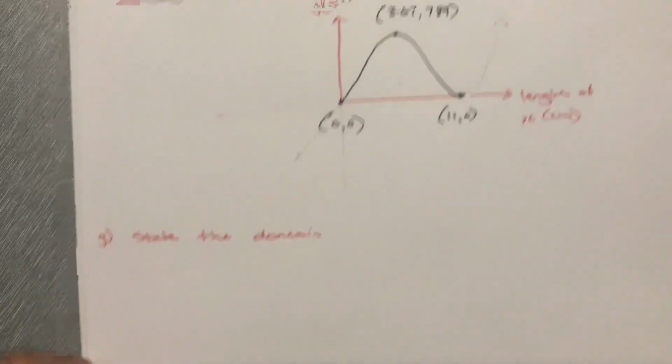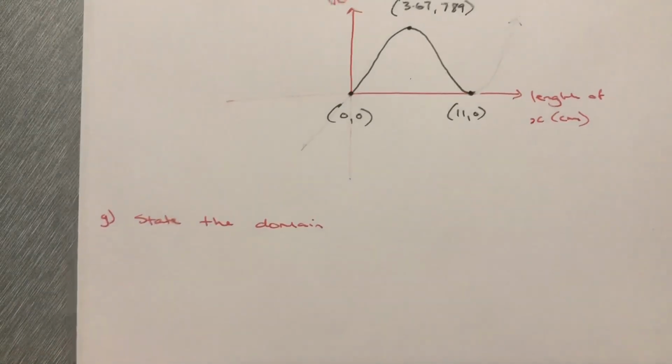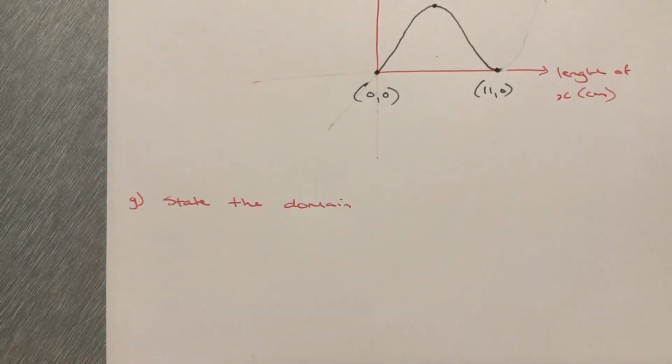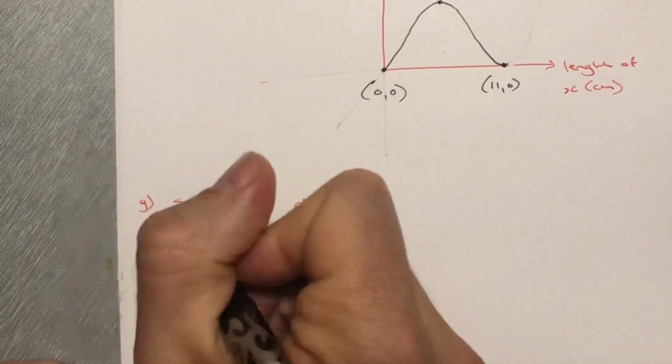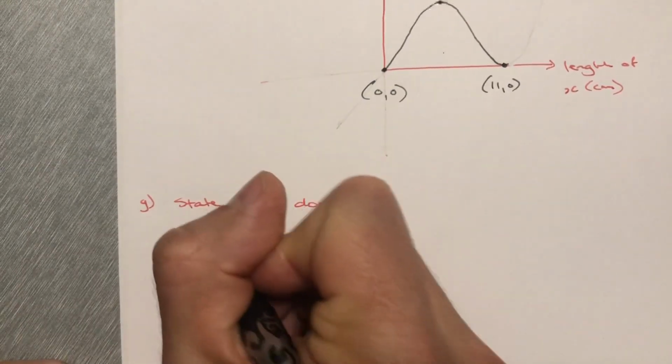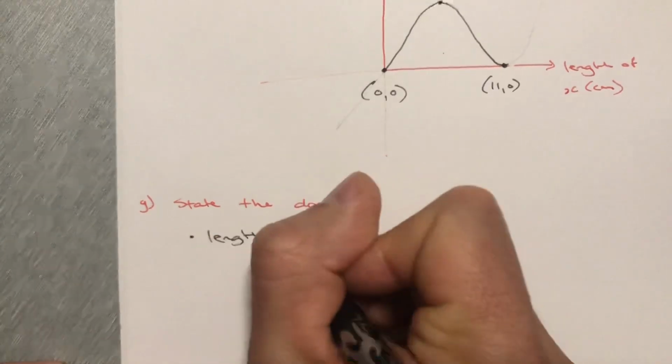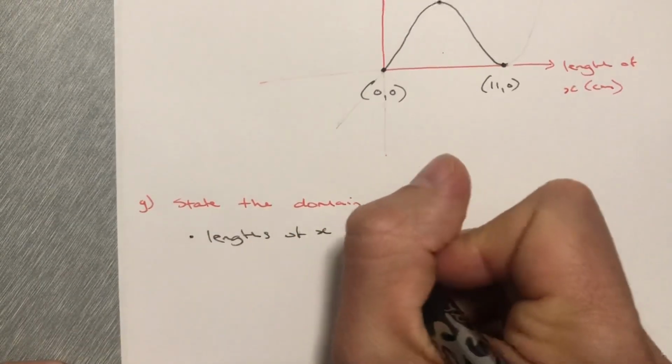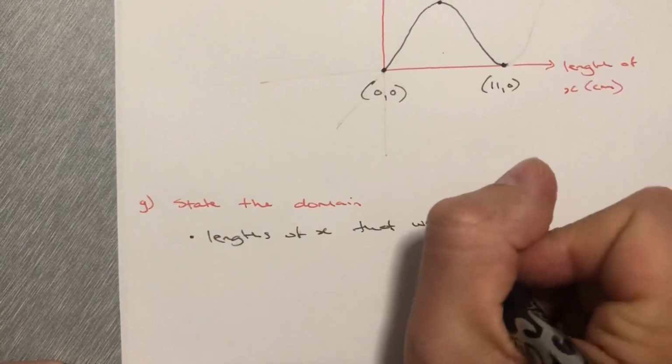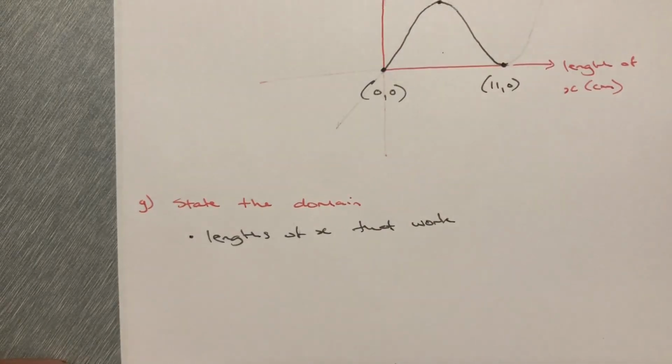Which brings us to our next question here. State the domain. So the domain is the values for x, or the lengths of x, that actually work. Okay, so we can't really have x as a length of 0, can we?